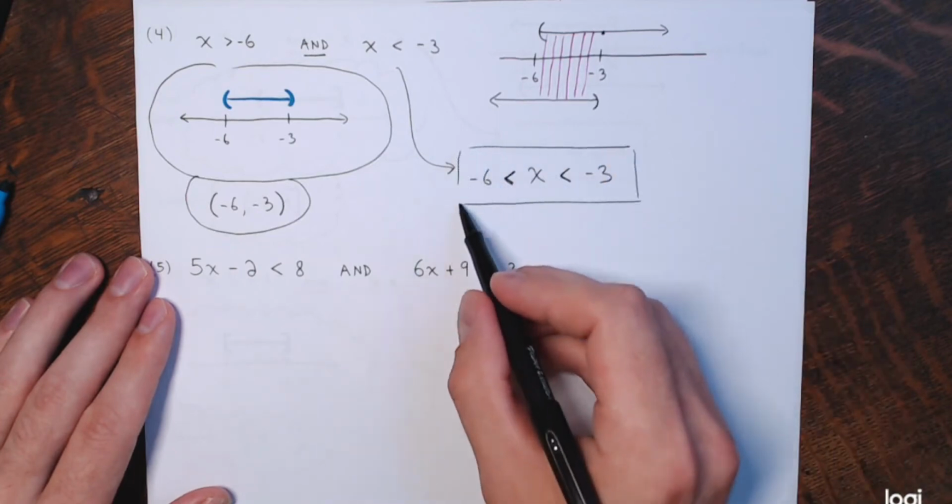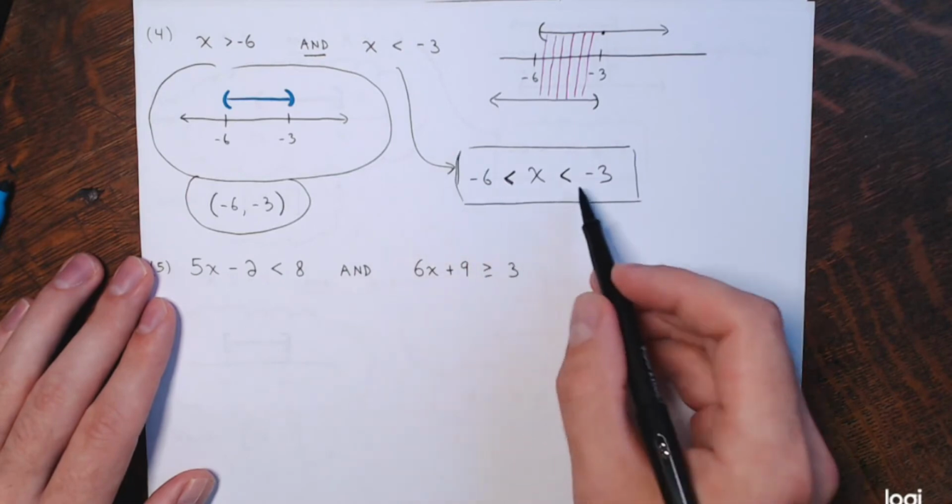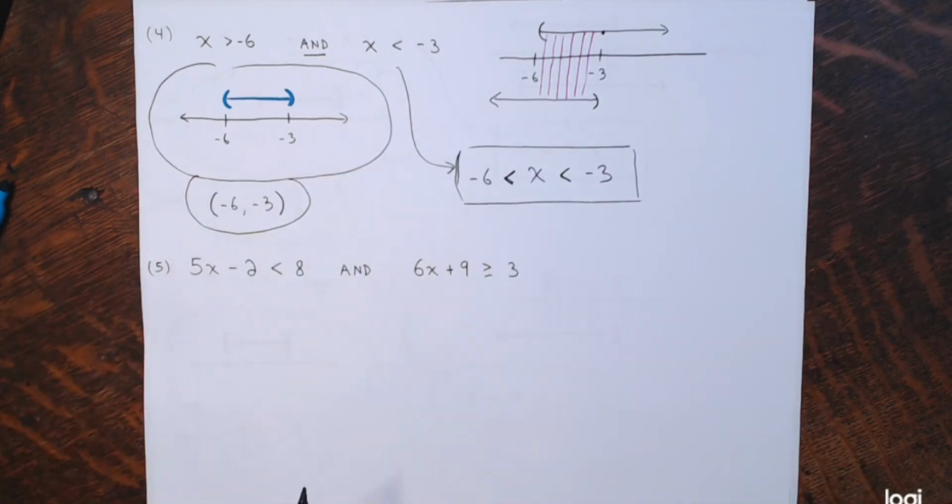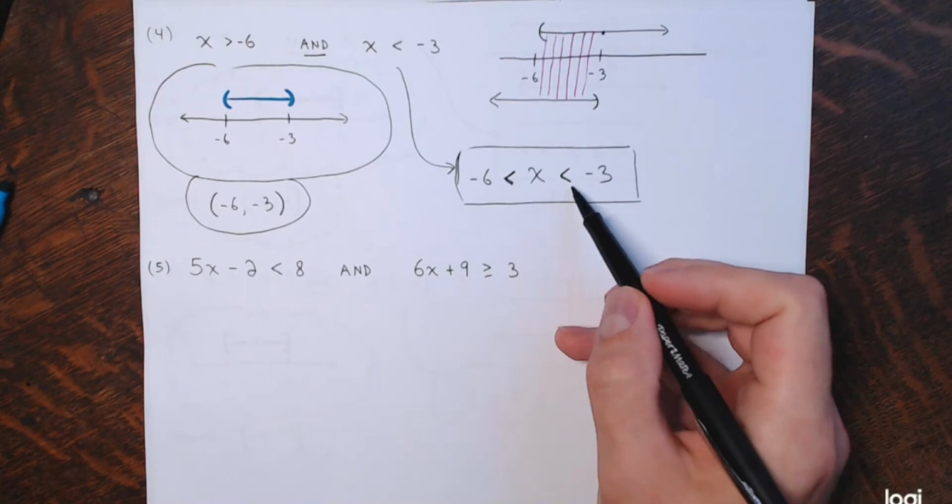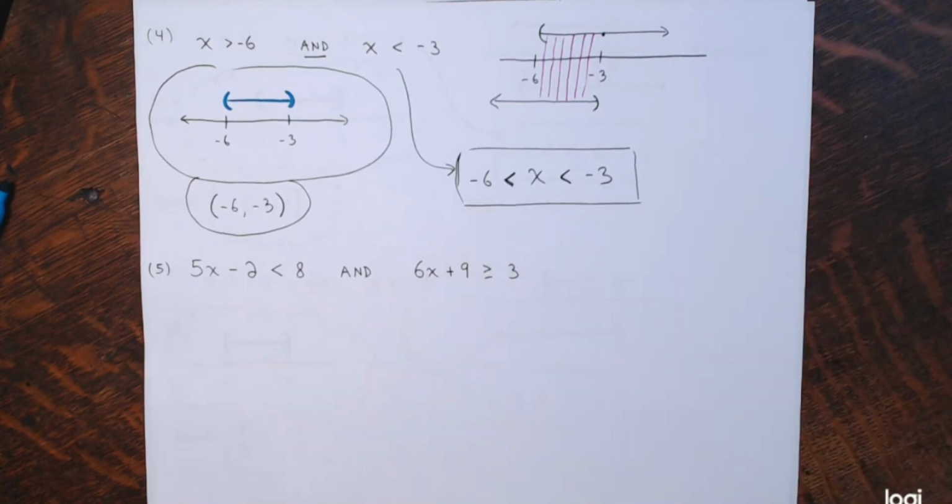This connected inequality has exactly the same meaning. It describes exactly the same numbers. No "or equal to" on either, because -6 and -3 are not solutions.